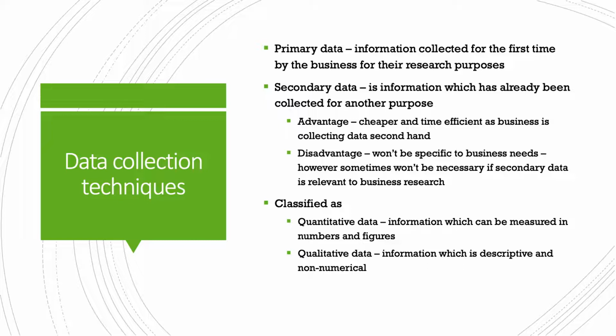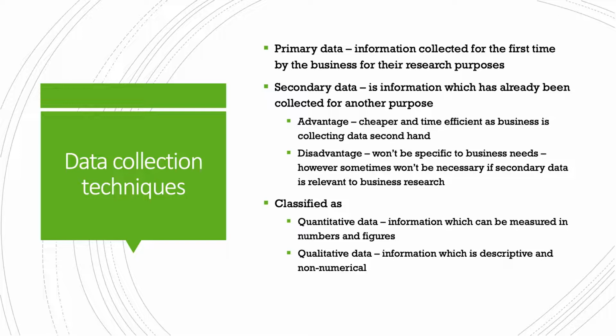The data collection techniques. So most of you probably have a little bit of an idea about primary and secondary data, but primary data is information collected for the first time by the business for their research purposes, whereas secondary data is information which has already been collected for another purpose.